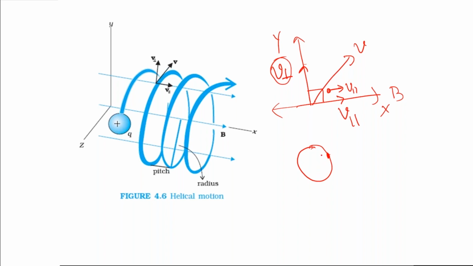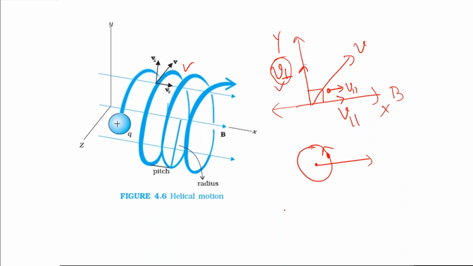If I take the effect of both individually, the perpendicular component experiences a force which demands the charged particle to undergo a circular path, but the other one, which is parallel to the magnetic field, demands the charged particle to go along the direction of the field. So if I combine these two tendencies, what I get is a helix.